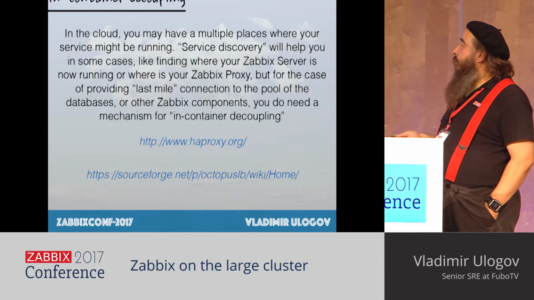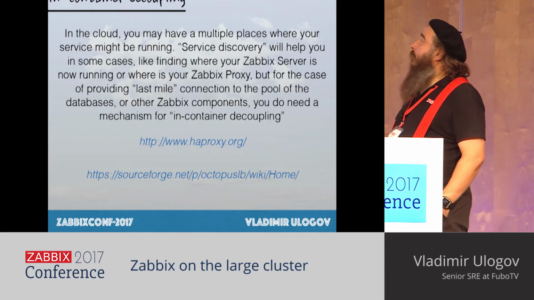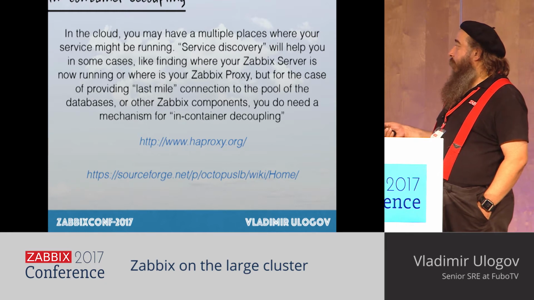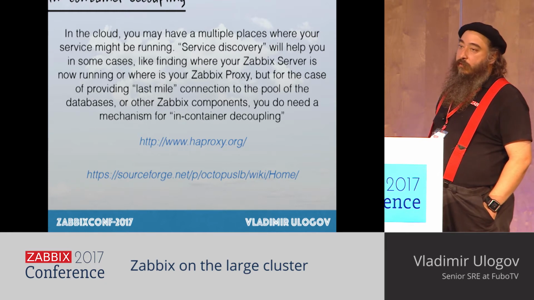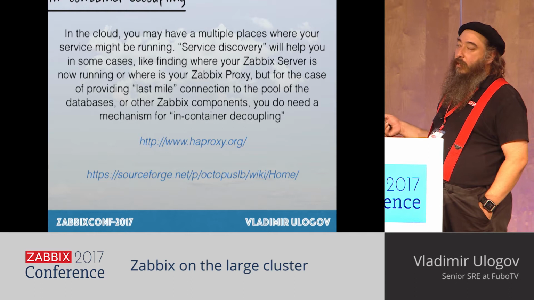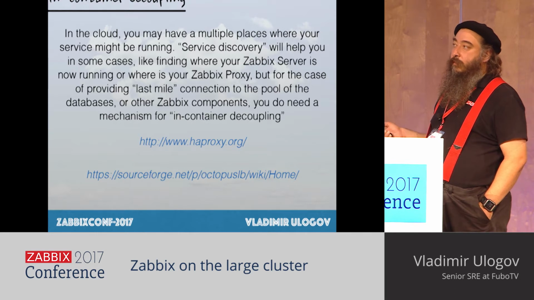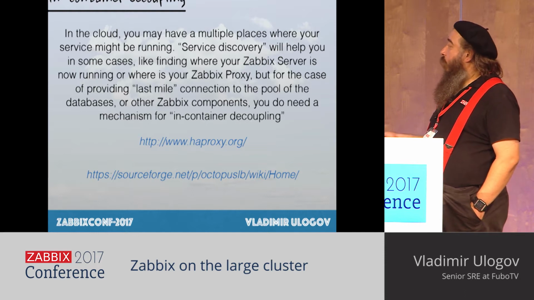Next couple of pieces of software are for in-container decoupling. And what I find for myself: HAProxy, probably many of you know what this is. If you don't, this is a software-based TCP/IP or HTTP load balancer with detection of faults. Or Octopus Load Balancer, it's a bit of an older project.